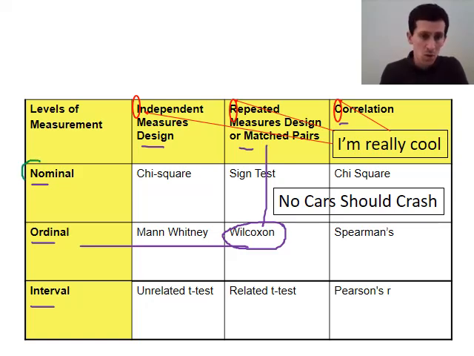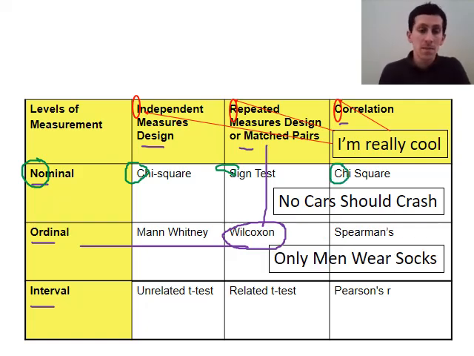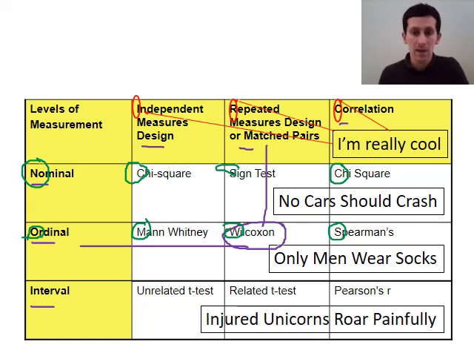Next, only men wear socks. Finally, injured unicorns roar painfully.